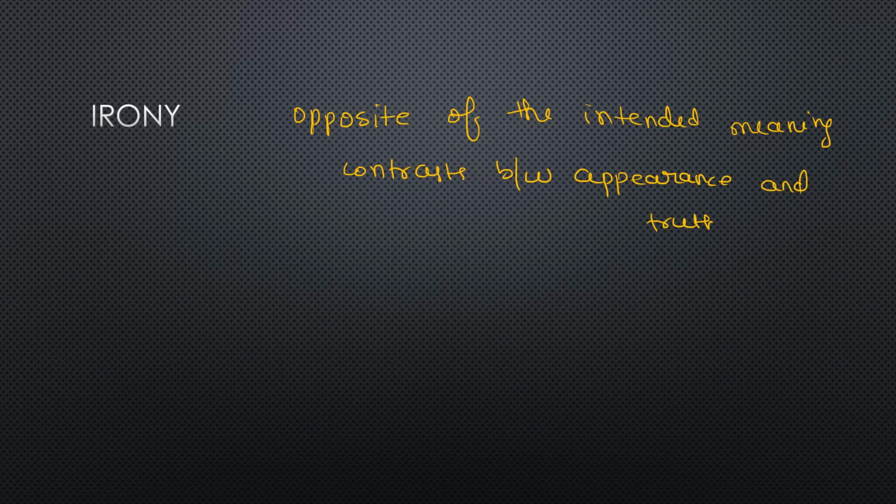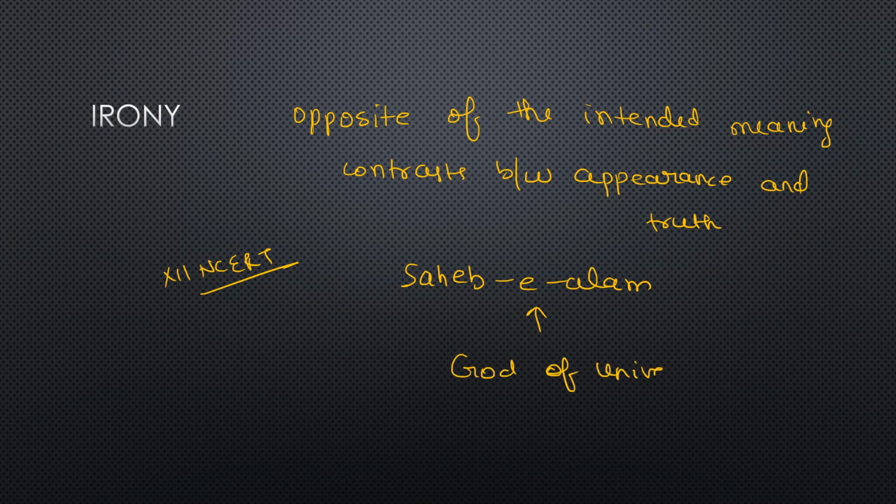There is a chapter in the 12th NCERT where there is a person, Sahib-e-Alam. You know what the meaning of this name is? It's the God of the universe. But the role he plays is of a rag picker. So can you see the contrast? It's just opposite.